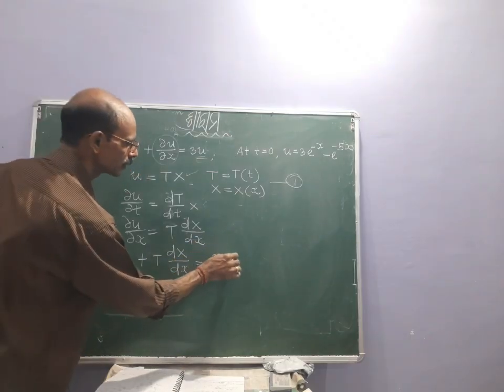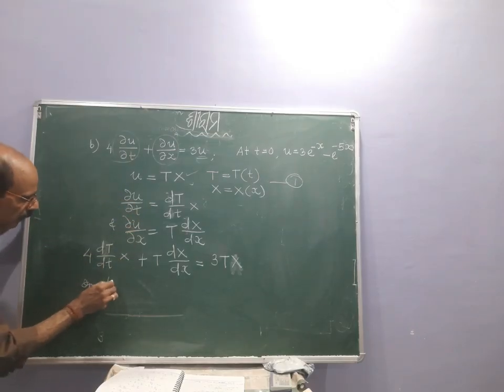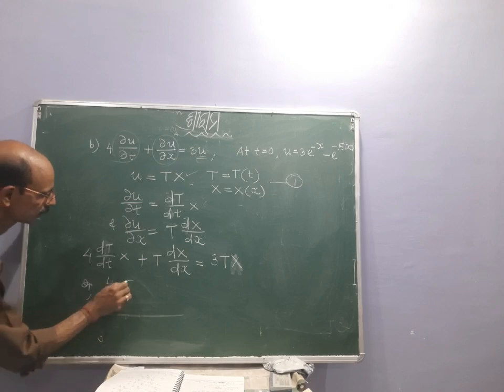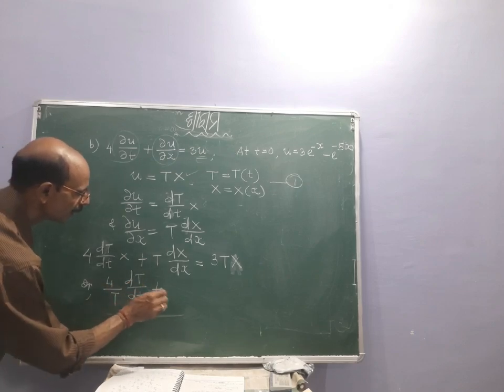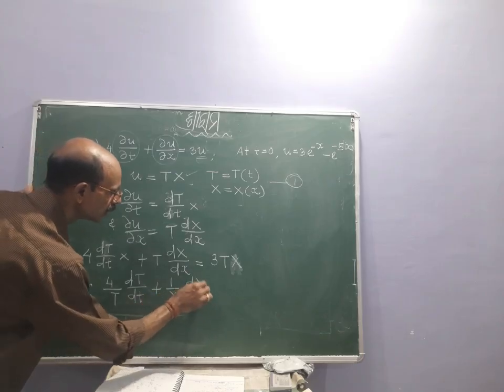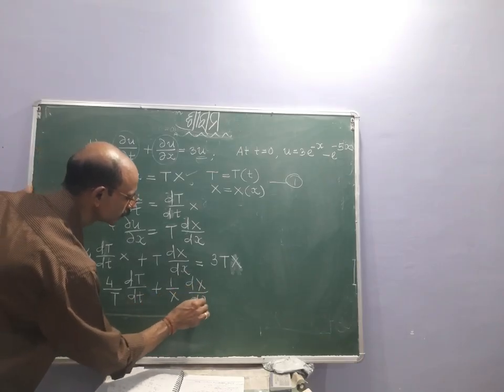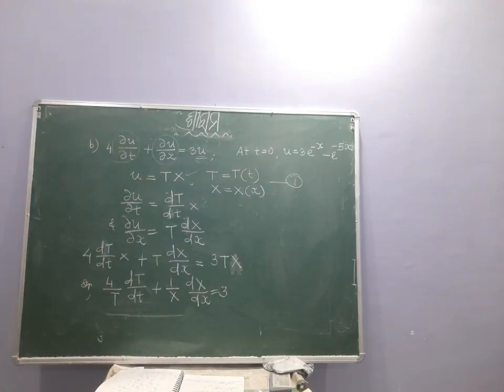Now using u is equal to TX here, we obtain 4 dT by dt X plus T dX by dx is equal to 3TX. Now divide both sides by TX and we obtain 4 by T dT by dt plus 1 by X dX by dx is equal to 3. Now separate t and x.